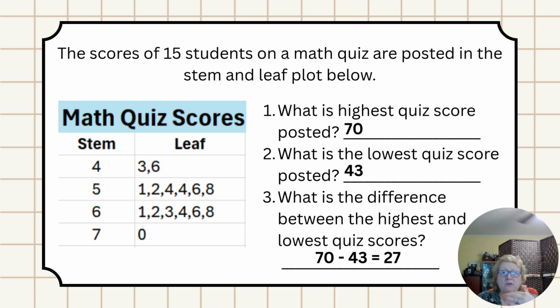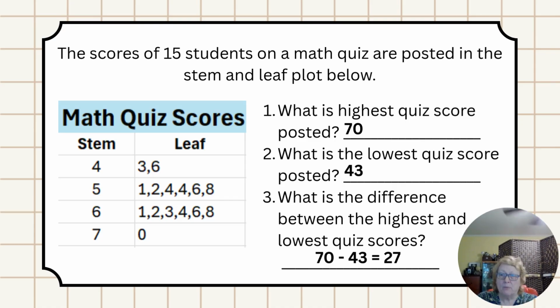All right, and you'll notice that each row represents a different stem along with the different leaves that are associated with that stem. So for example, in that first row, you have a stem of 4 and you have 2 leaves, a 3 and a 6.